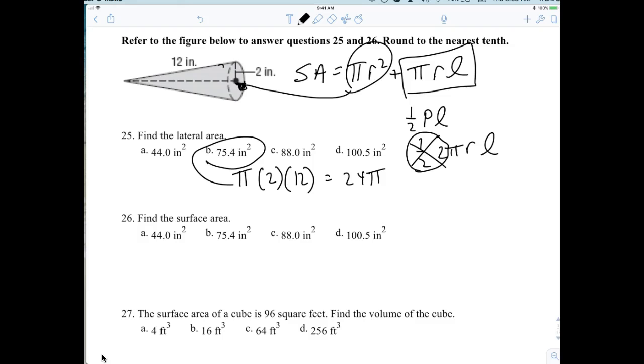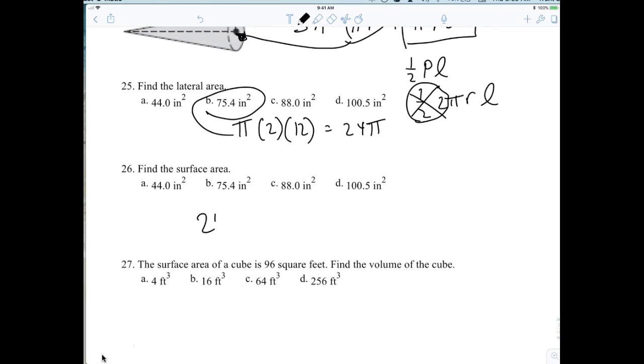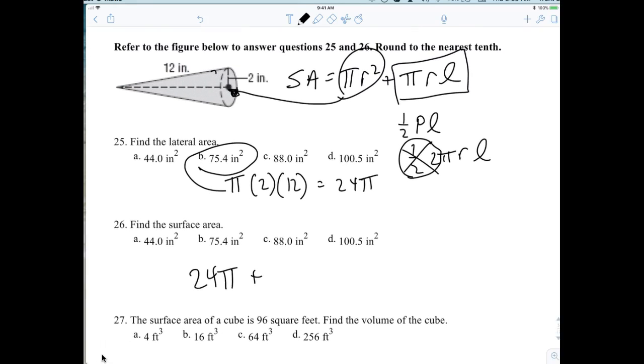Can we just do the surface area for this one? Yeah, the surface area would be this answer, 24 pi, plus the area of the base, pi r squared, so it'd be 4 pi. So 28 pi should be the answer. So the 24 pi represents the lateral area.